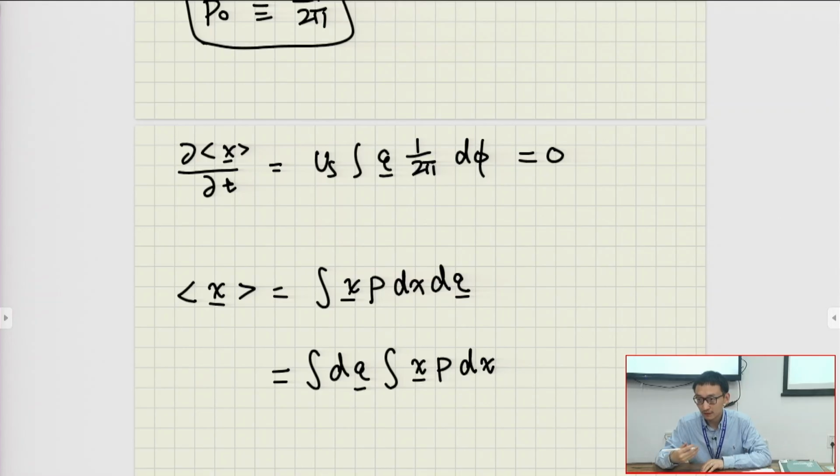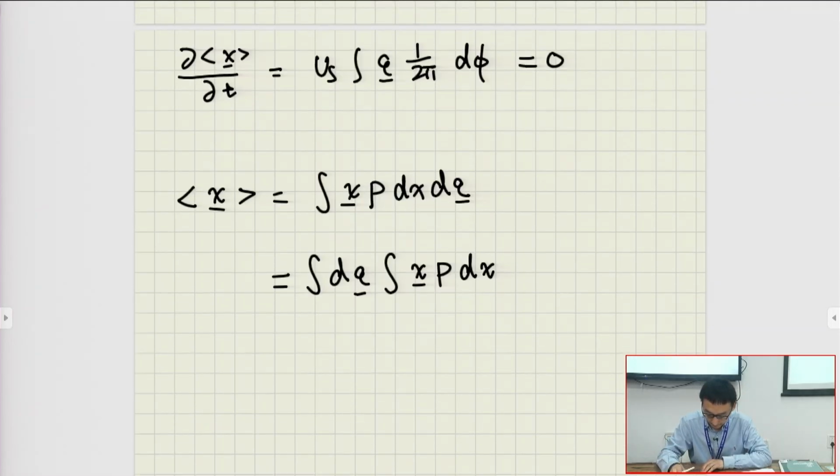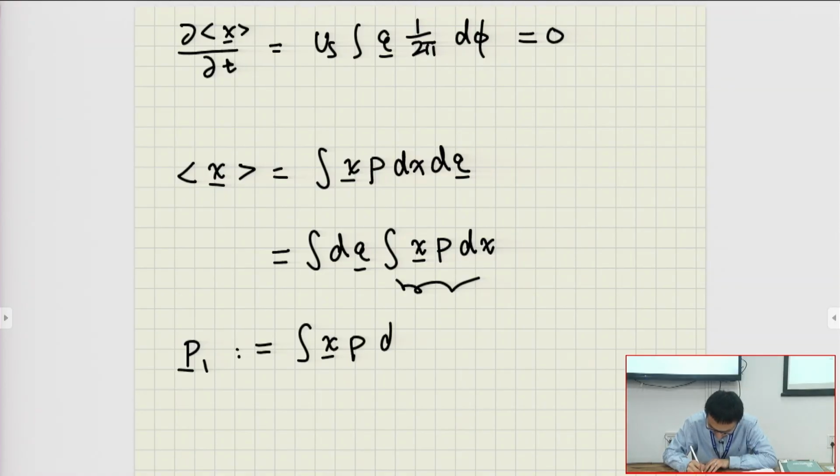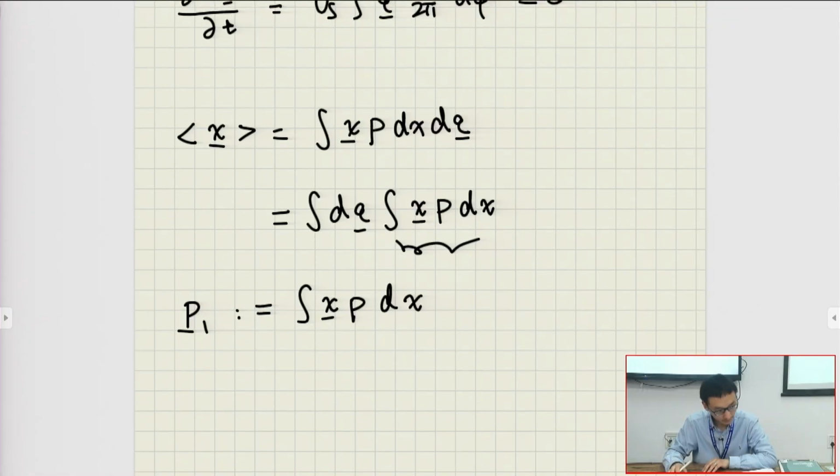So we have this quantity here, and this one, again, is a moment-like quantity, a spatial moment. So we can define that as P1, which is the integral of x p dx.